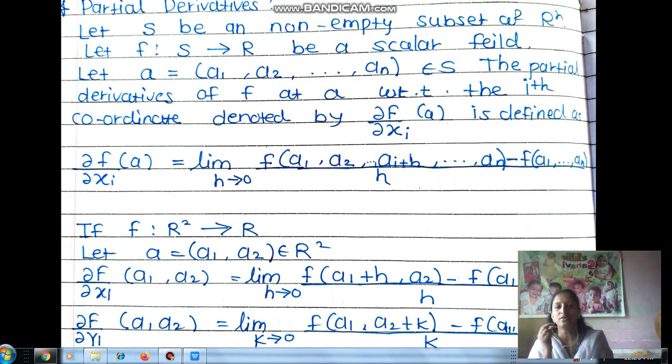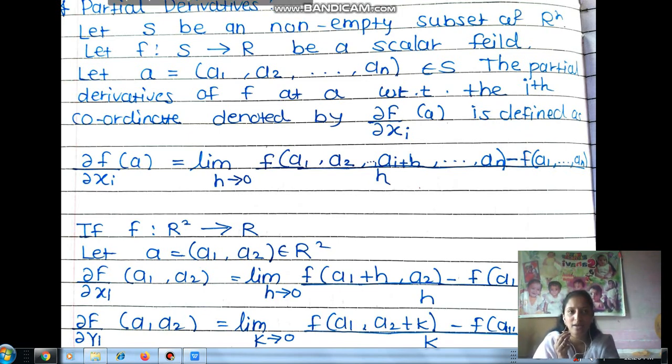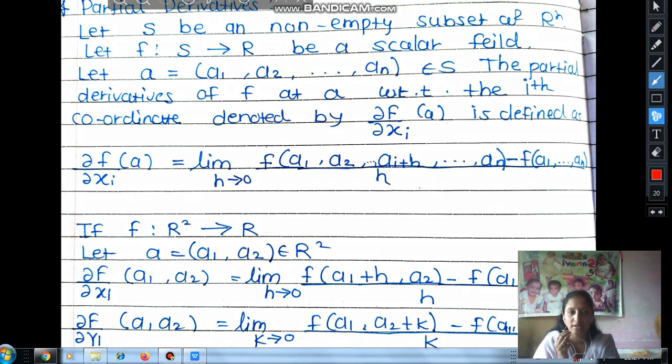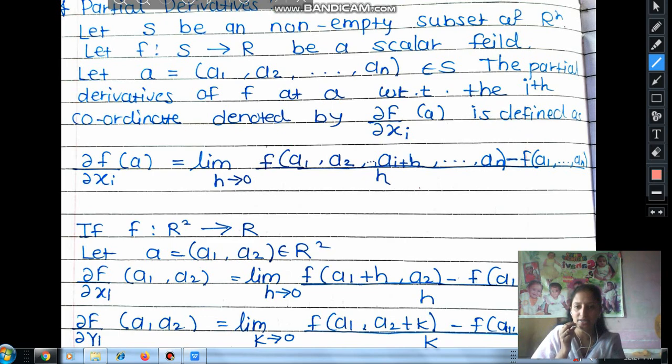Okay, we will see this in R2, then you can understand very easily. Suppose f is a function defined from R2 to R. In R2 there are only two coordinates, which are x and y. Let a equal (a1, a2) belong to R2. Now we have to calculate partial derivatives of f at the point (a1, a2).